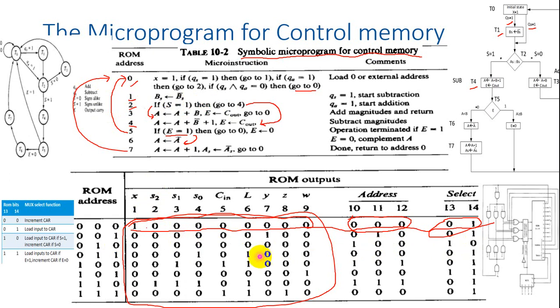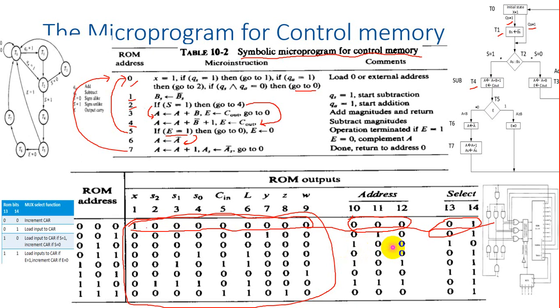What is 10? Load input to the controller address register if S equal to 1. If S equal to 1, that means signs are different. Then load input to the controller address register. That means if signs are different, then this is the input address 100, T4.